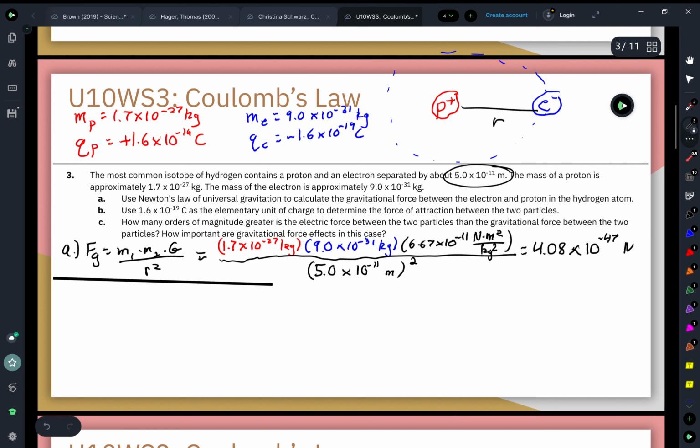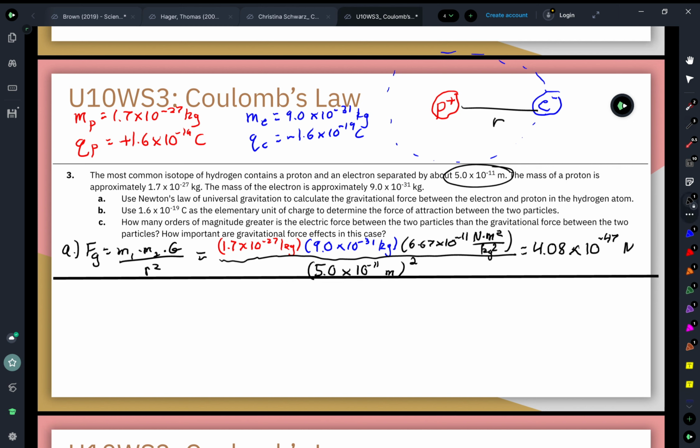Now for part B. Just going to give myself some space to organize there. We're going to be using Coulomb's law as our force of attraction to determine how strong that force is going to be. Fe for electric force, charge 1 times charge 2 times Coulomb's constant, all of that divided by the distance between them squared.